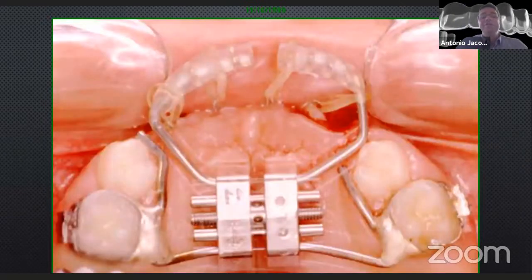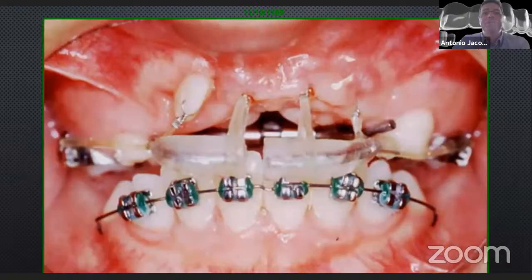It was like this. It's just a rapid maxillary device that instead of having these arms going back, we put them forward, put some acrylic on it, and made the surgery trying to bring the 4 incisors to the proper position.